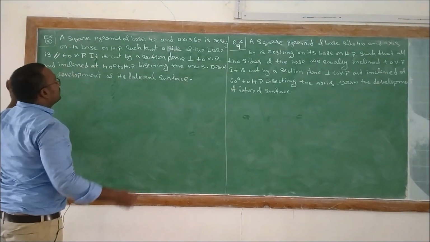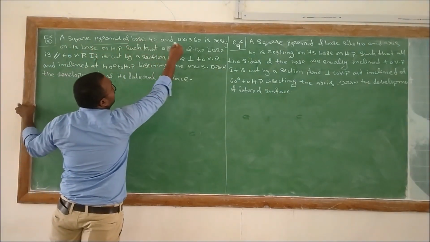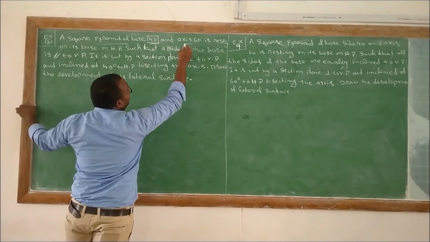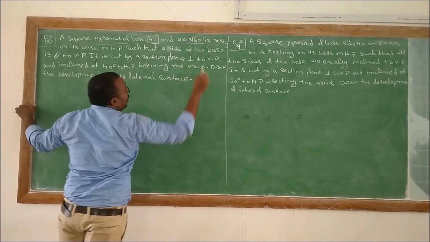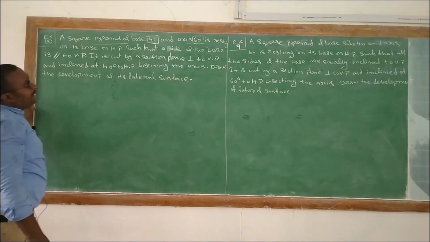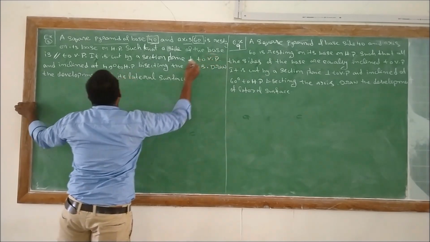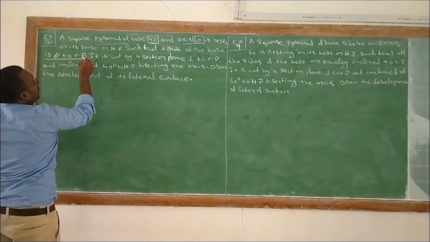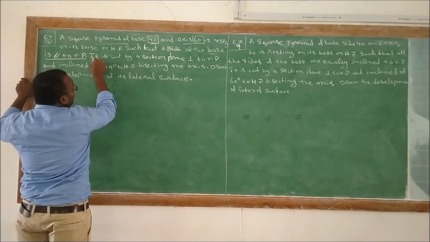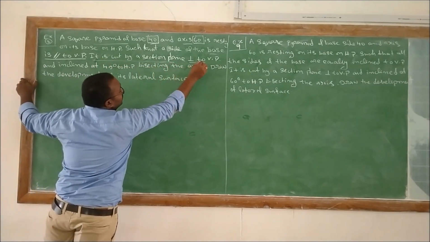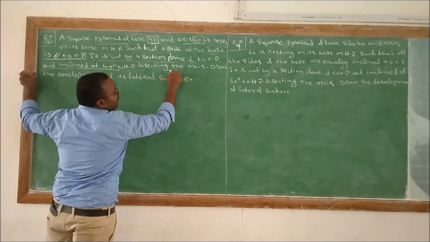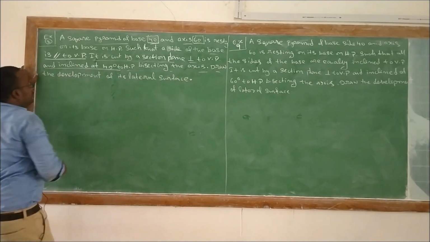So the first problem: a square pyramid of base 40 mm side and 60 mm axis length is resting on its base on HP such that a side of the base is parallel to the VP. It is cut by a section plane perpendicular to the VP and inclined at 45 degrees to the HP, bisecting the axis, right?